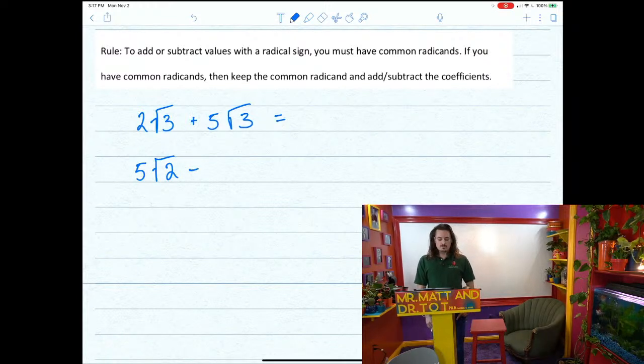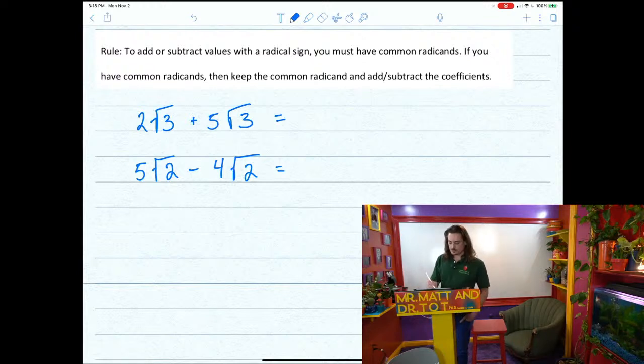With 2 root 3 and 5 root 3, they both have common radicands. So they both have a root 3. So we keep the root 3 and we add or subtract, in this case add, the coefficients. So that's going to become 2 plus 5 times the square root of 3, which would simplify into just 7 root 3.